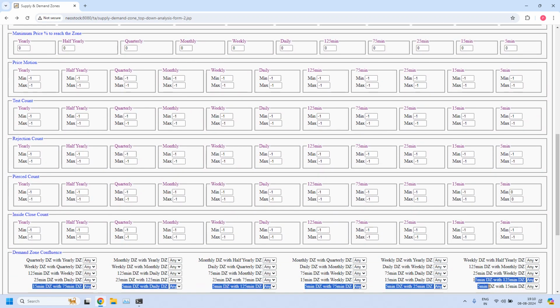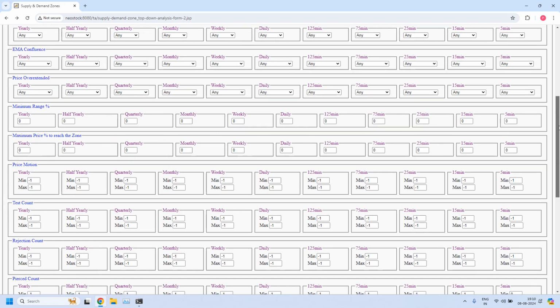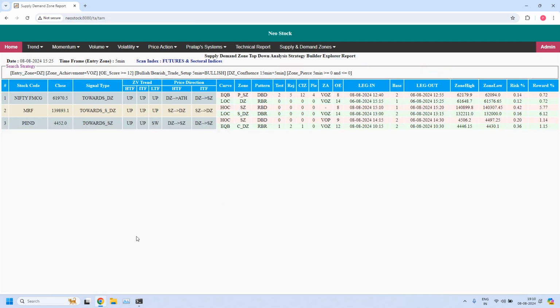So 5 minutes demand zone with 15 minutes demand zone confluence I enabled. Now let me check how many of the stocks. Both MRF and PI Industries, both the demand zones are having confluence with 15 minutes time frame.